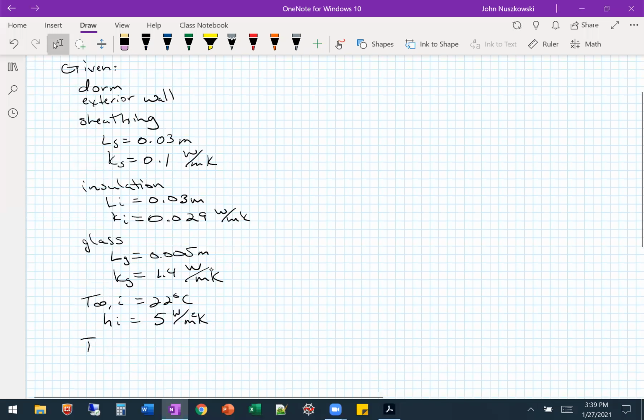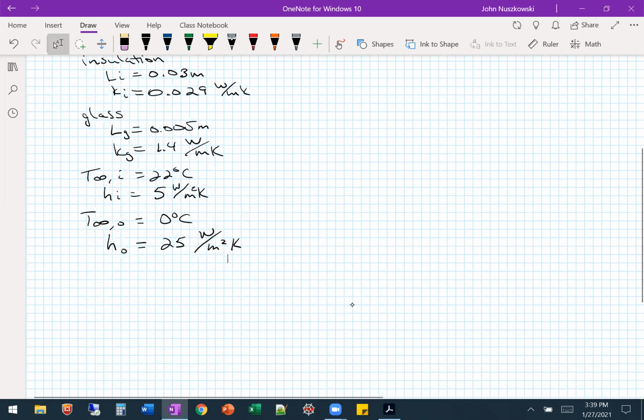And the outer is 0 degrees Celsius, convection 25. And they want us to find the heat flux through the original and retrofitted walls, okay?